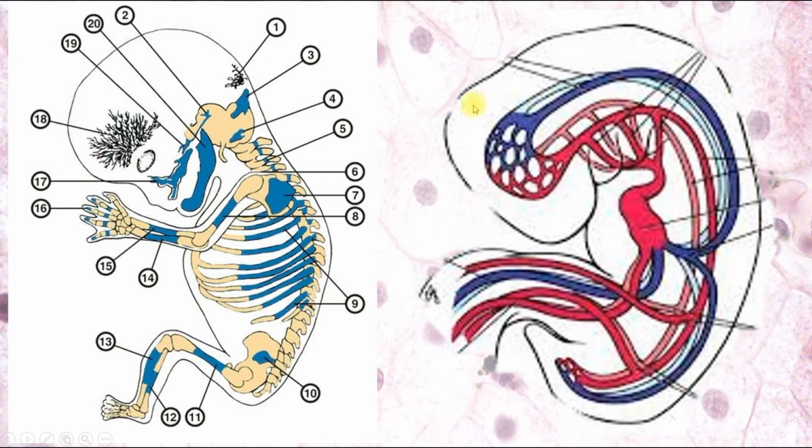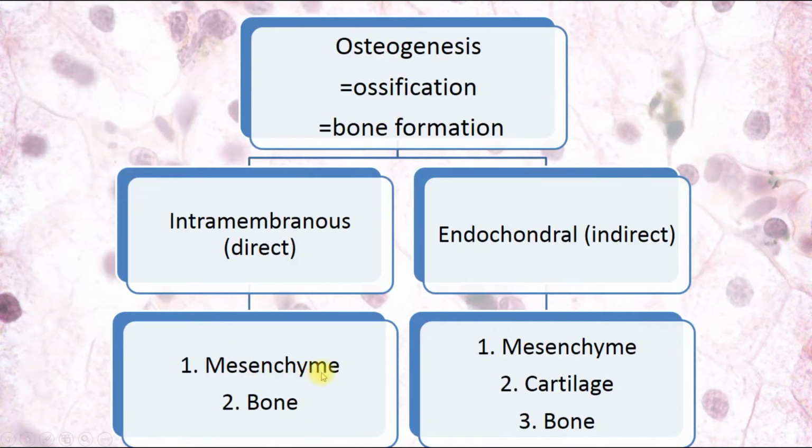And the developing brain has very good blood supply during embryogenesis. That's why direct development of the bone in the place of the mesenchyme is possible. So bone develops directly in the place of mesenchyme because blood vessels are present here and they are well developed.